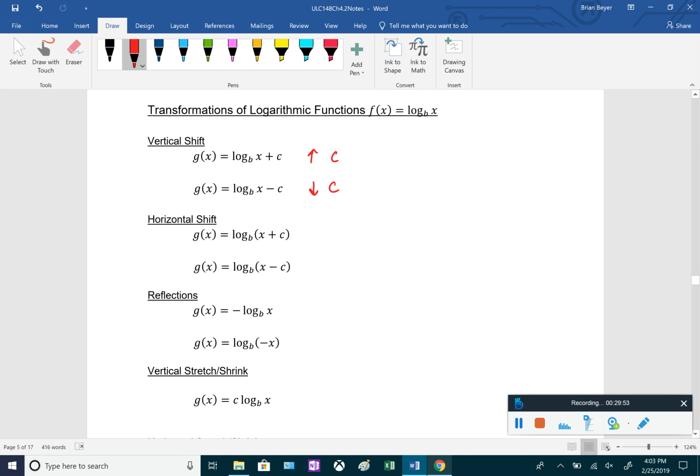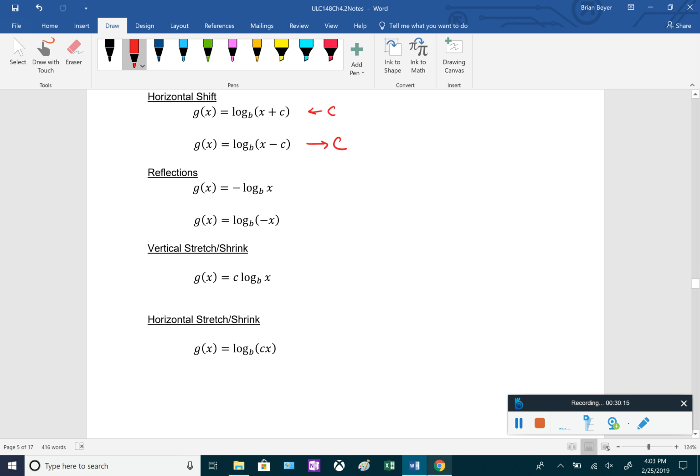For the horizontal shift, if it's log base b of x plus c or x minus c in those parentheses, so the plus or minus c is attached to the x. Plus c means it's to the left, so remember that's the opposite of what you would think. To the left c units, minus c is to the right c units.